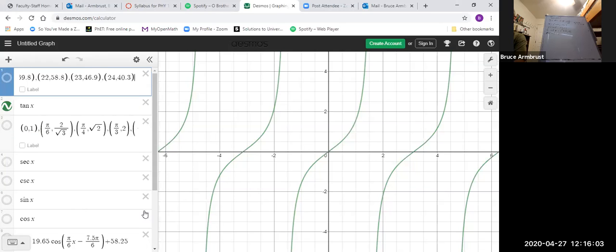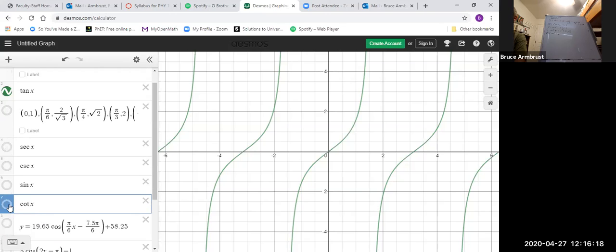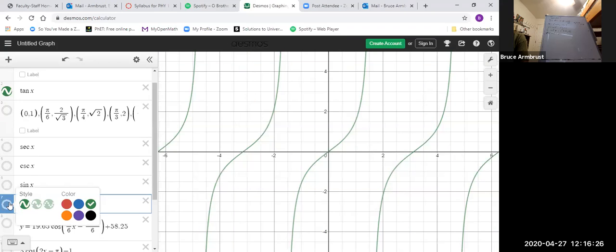All right, so let me go and draw a cotangent. I'm just going to change this guy from a cosine to a cotangent. Okay, I'm going to change the color as well.